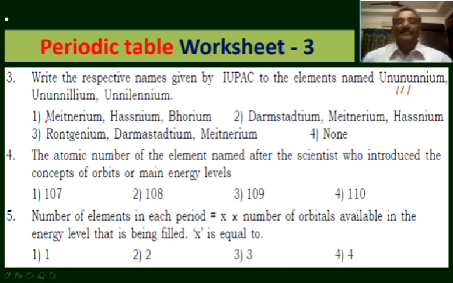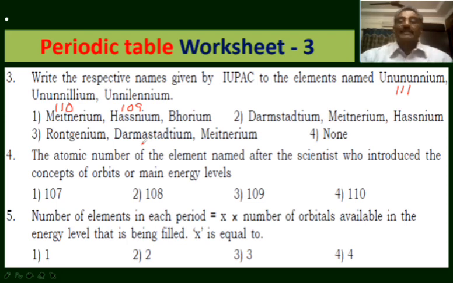Unnilium, that is element with atomic number 110. Unnilenium, 109. That is the elements with atomic numbers 111, 110 and 109.